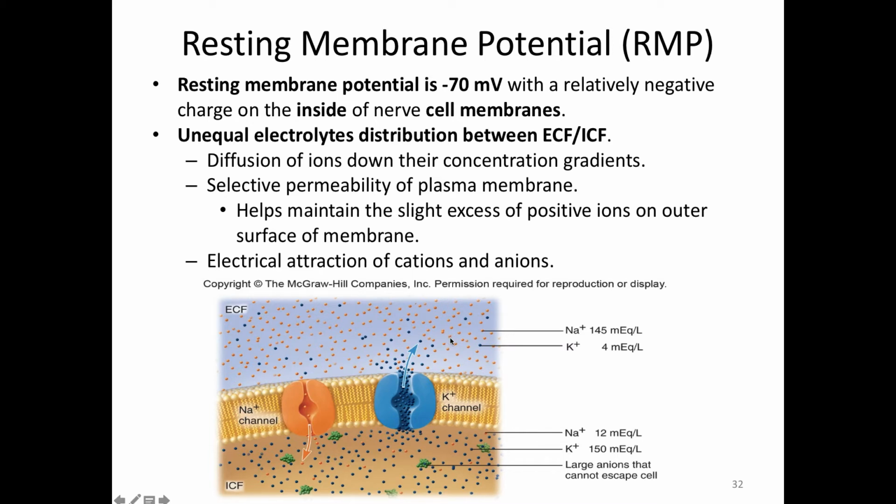But the membrane of the neurons and electrically excitable cells is selectively permeable. So the membrane is able to control very tightly what is able to move in and what is able to move out. If you keep your ion channels shut, you necessarily will prevent diffusion from occurring and maintain a difference between this side of the membrane and this side of the membrane.